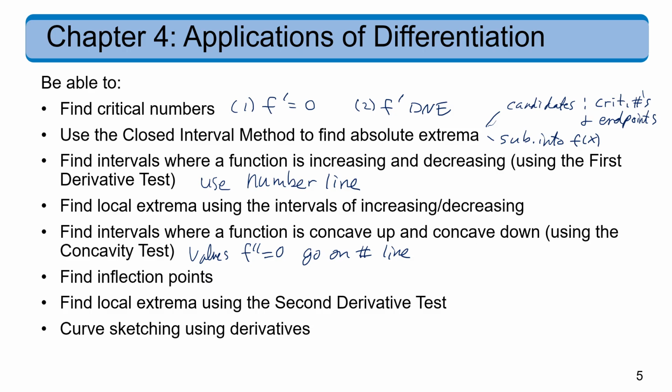Now our second method for finding local extrema, right? We have two methods, one here, one here. They both involve finding critical numbers. It's just how you test the critical numbers that's different. So using the second derivative test, you plug your critical numbers into f double prime.